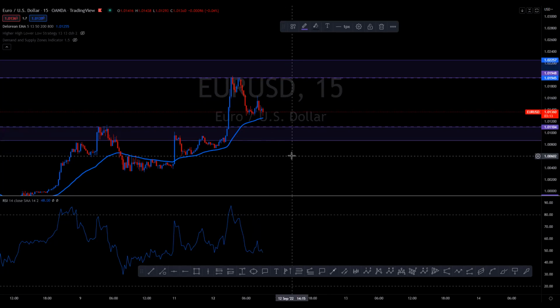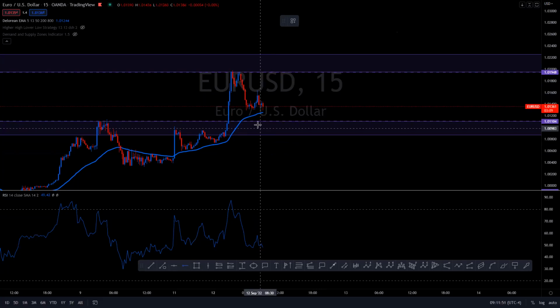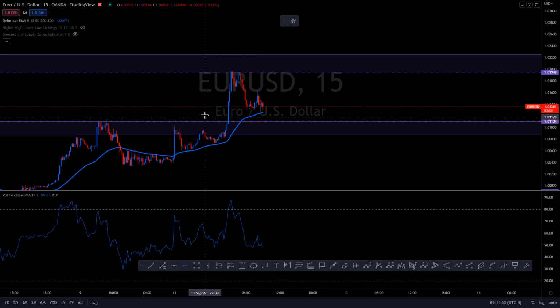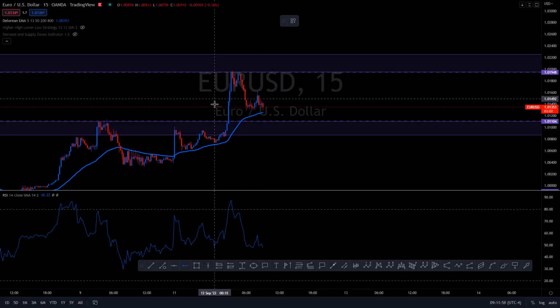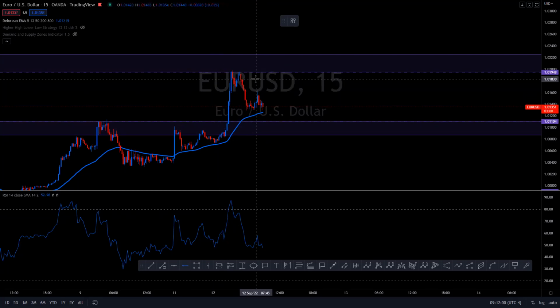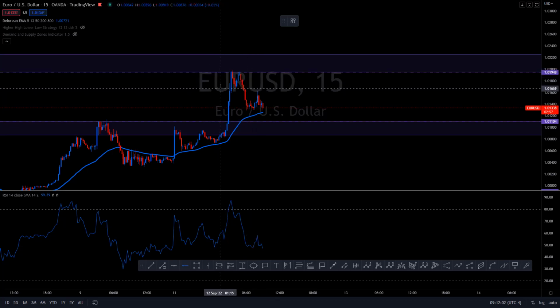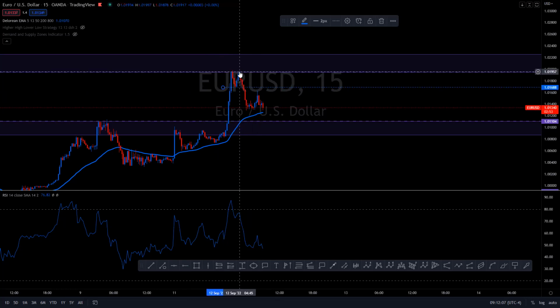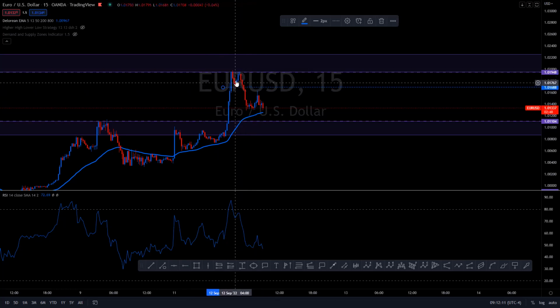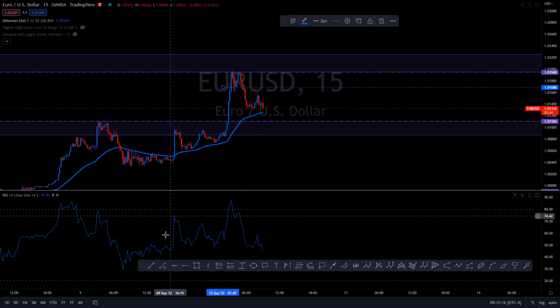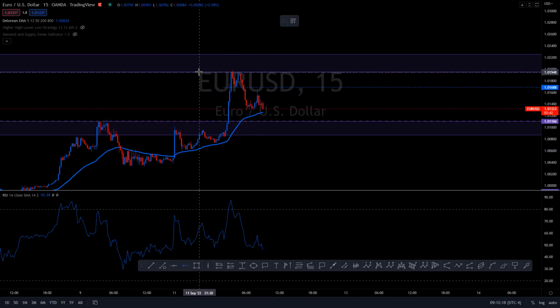So with that being said, what I look at is the last structure for bullish candle. I mean a bear candle, and I see that here. And then price went up and actually kind of respected the, I'm looking at this structure here.